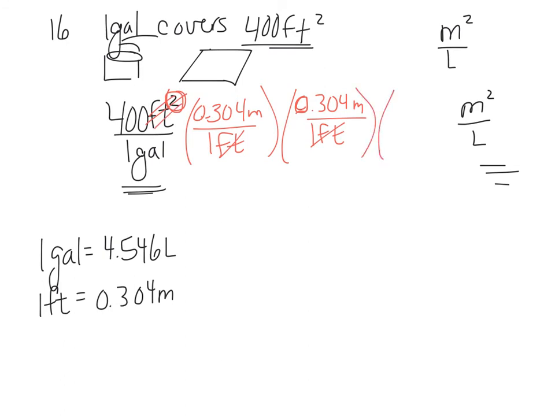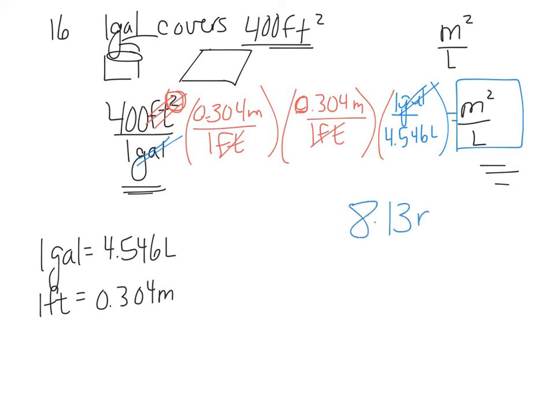So we put our conversion, 1 gallon is equal to 4.546 liters. The gallons cancel gallons, and you'll end up with your meters squared per liter unit. When you multiply across, you get 8.13 meters squared.